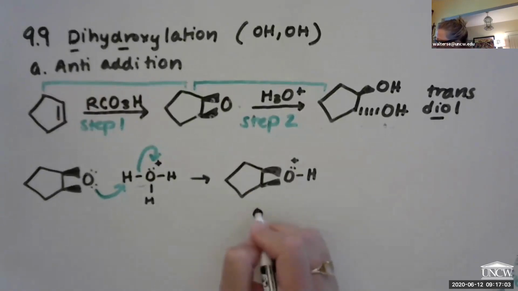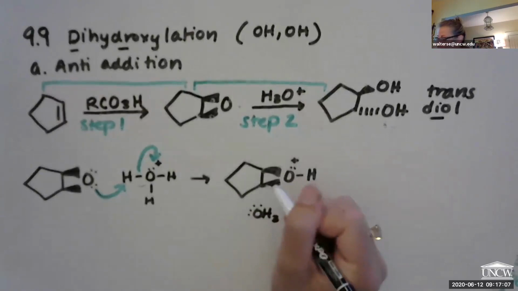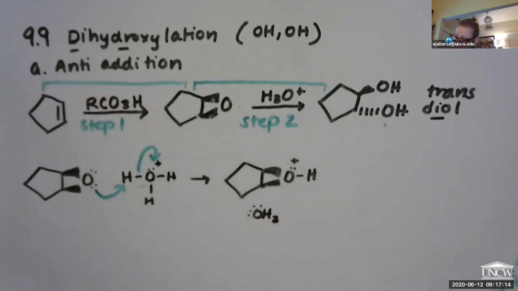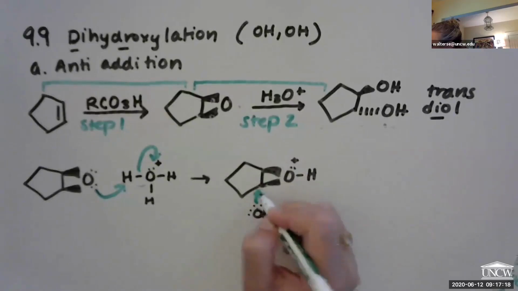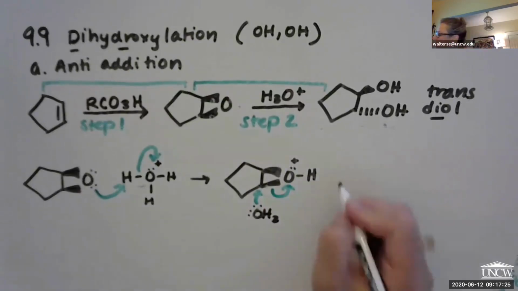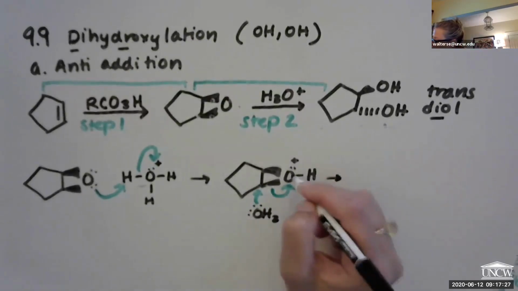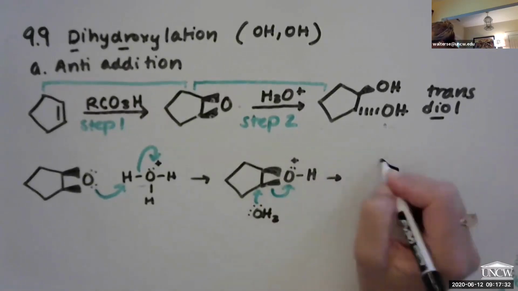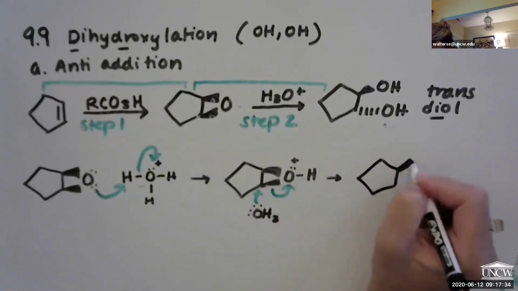Now I'm going to show attack from the bottom. You can't attack from the top because it's blocked with this protonated epoxide. I'm going to attack the bottom and then move those sigma bond electrons over to that oxygen, which will make this oxygen hydroxide on a dash or wedge bond, excuse me, up here.